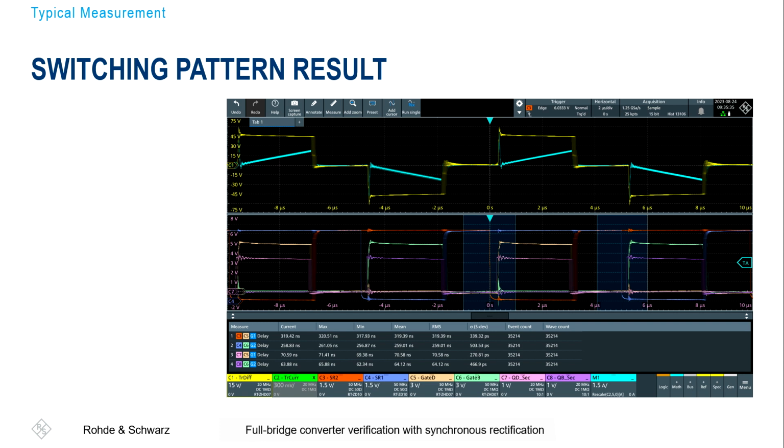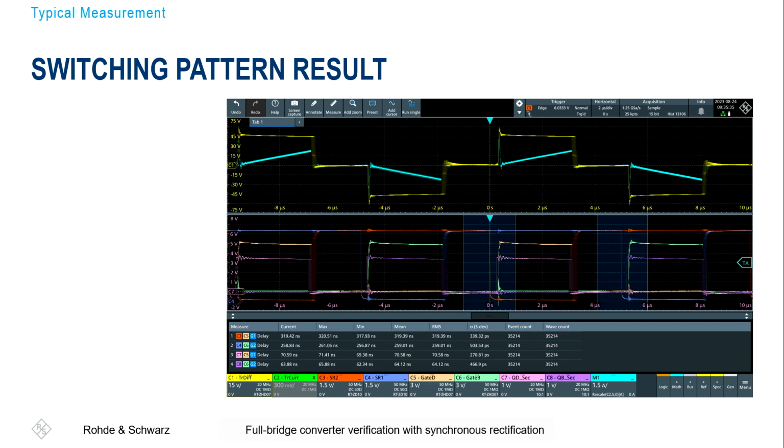How does it look in practice? We have here the measurement I've taken with my system. What you can see in the top window is the voltage, the yellow and blue one, and the current of the primary winding.